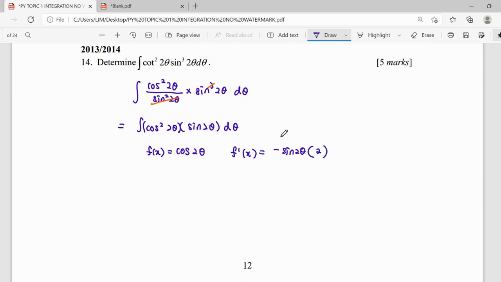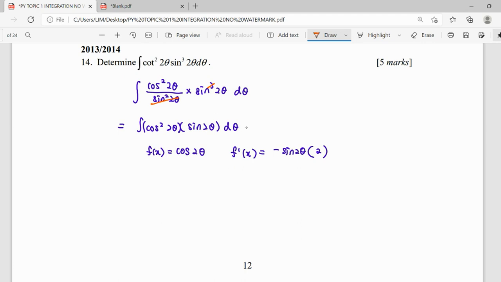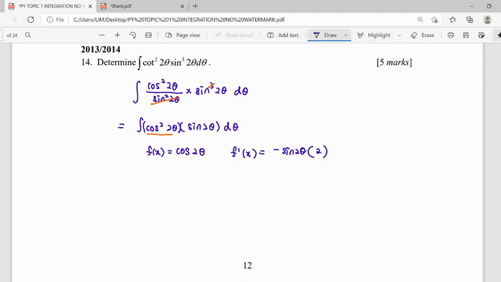This is in our syllabus. So we can see here, does this question fulfill our pattern where this is fx? Its f prime x should be negative 2 sine 2 theta. But what we have here is just sine 2 theta.